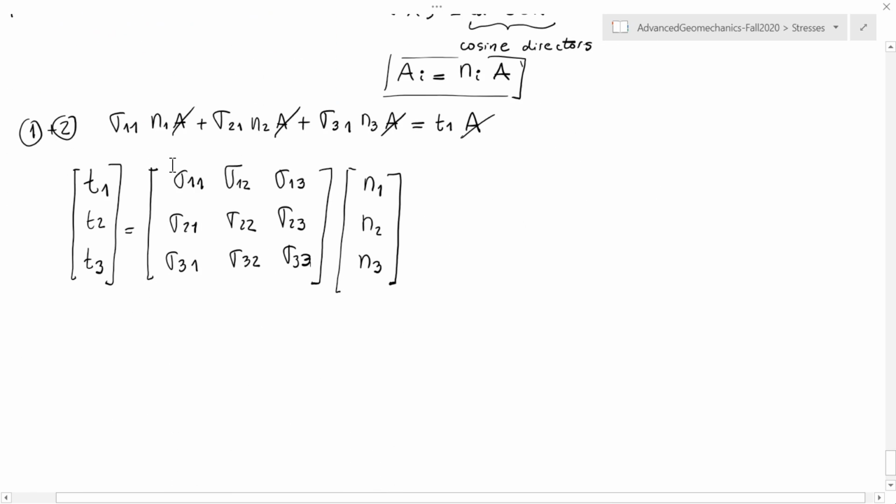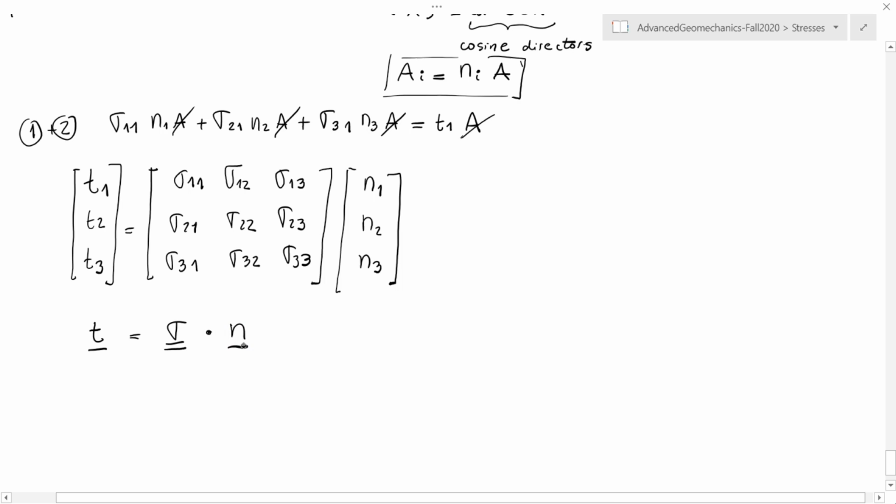And if I put this into vectorial notation, the vector T is equal to the stress tensor product the vector n.